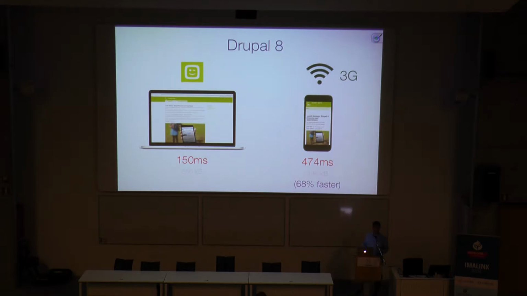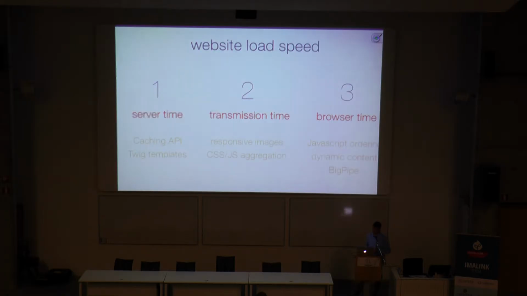It's called responsive images. It's a standard in HTML5 and it is built into Drupal. So Drupal recognizes the screen size and then it renders or creates the correct thumbnail or smaller version of that image and sends it to the browser. So in the end the page will be much faster. Still not as fast as on the desktop, of course.